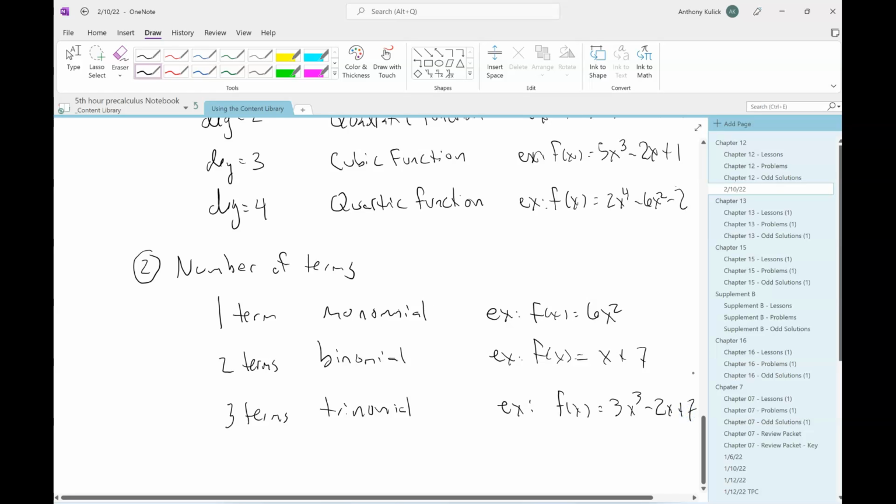So 3x cubed minus 2x plus 7 could be an example of a trinomial. That's as far as we'll go naming by terms.